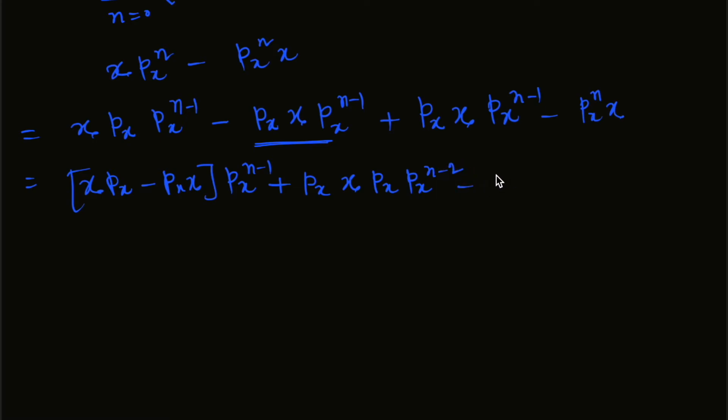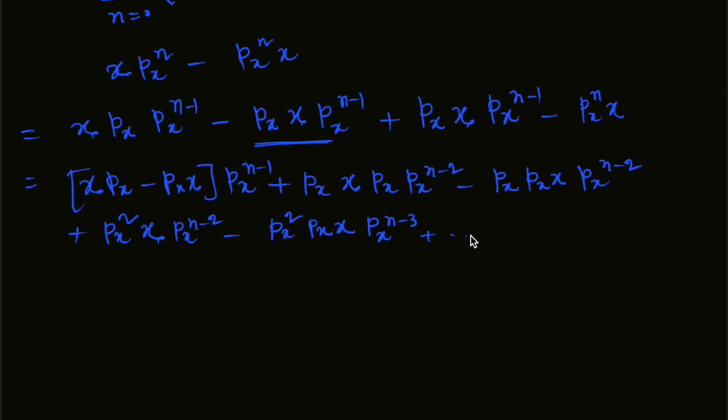So let us subtract another term which is px x px n minus 2. So we subtract this term, so we have to add px square x px n minus 2 again. Then we have to again add some other term, subtract this term. Now we will subtract px square px x into px n minus 3.